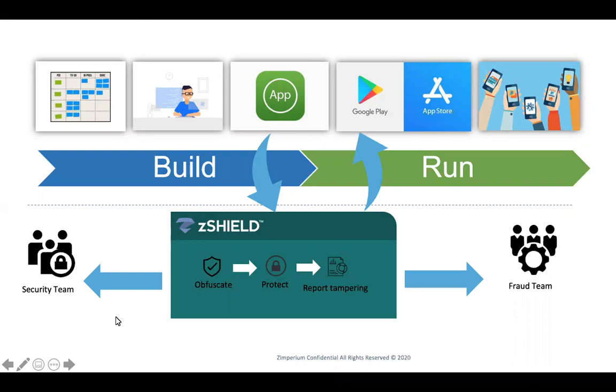Yeah. Before we do that, can you explain? I noticed on the last one we had a connection with the security team, and they were establishing the policies with Zscan. As we start moving to Z Shield, I noticed that there's information going out each direction, and you include both the security and fraud guys. Can you shed a little bit of light on how they're fitting into this and how they're benefiting from this?